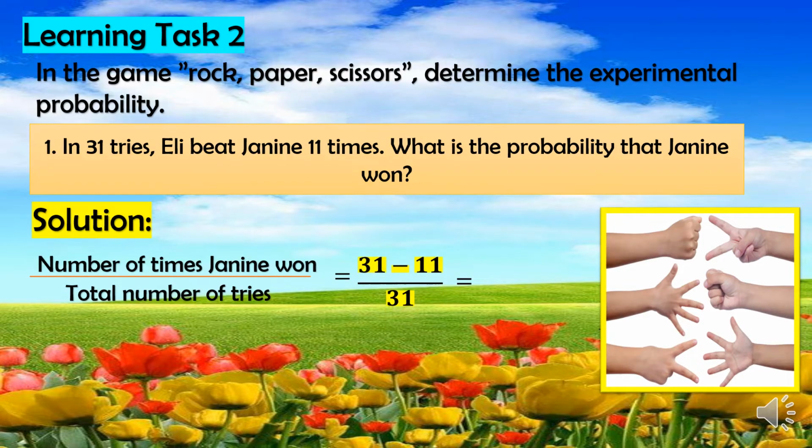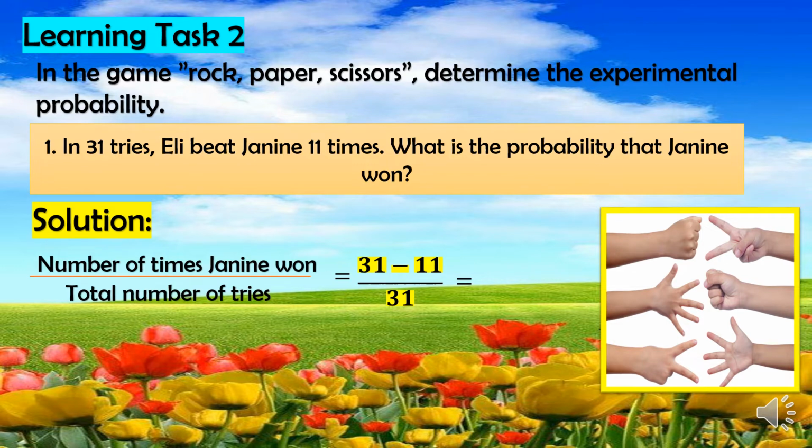So we have 31 tries minus 11. So saan nanggaling yung 11? Kasi yan yung nung natalo ni Ellie si Janine, that is 11 times. So, over 31, which is the number of total tries.